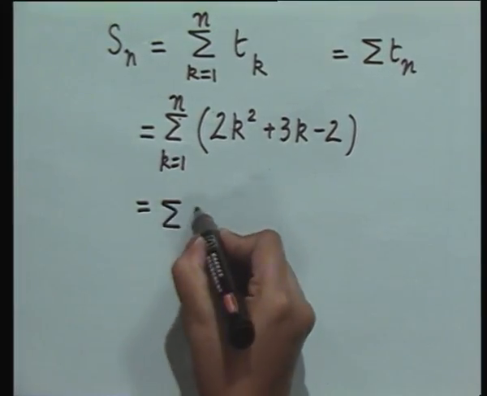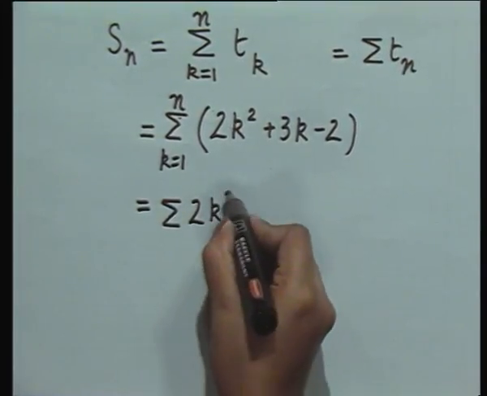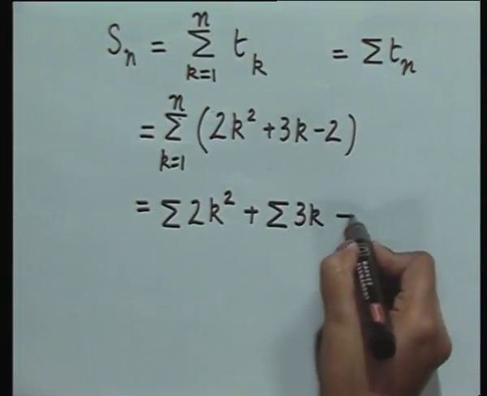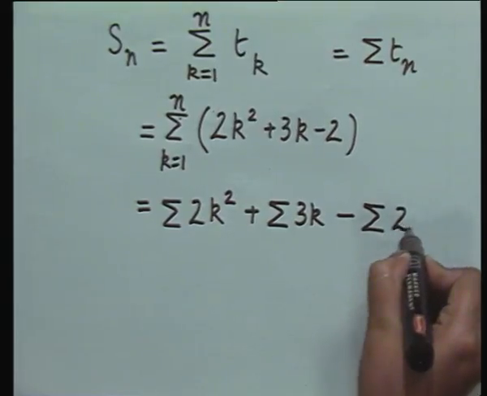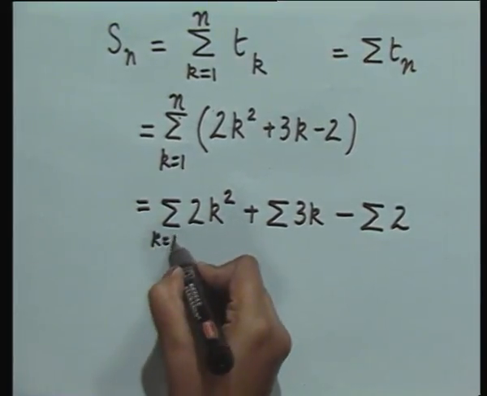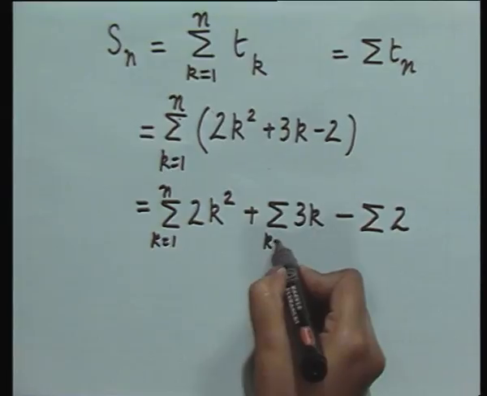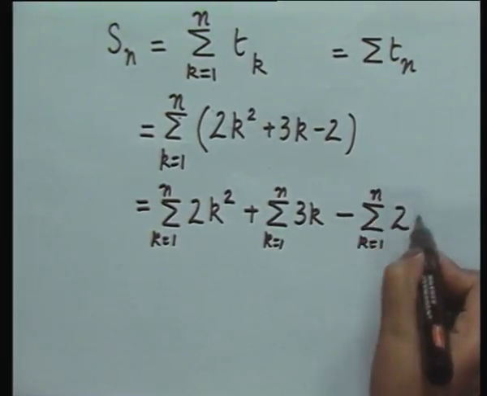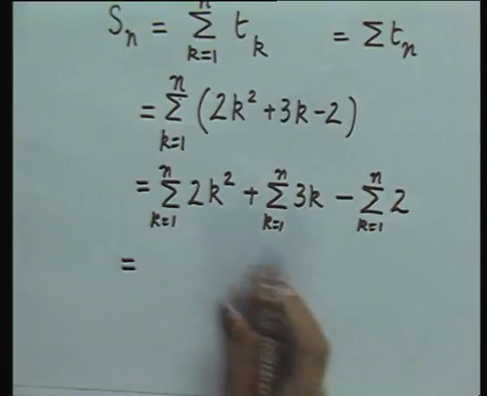So, it will go inside and we can rewrite it as sigma of twice of k square plus sigma 3k minus sigma of 2, where k varies from 1 to n in all the summation. Don't forget to write sigma of 2 also. Although there is no k appearing here, it does not mean that 2 is going to appear only once. Remember that. And therefore, now I am sure you can follow it up, Jyotsna.